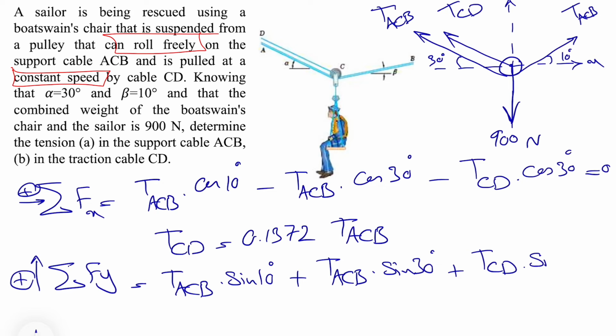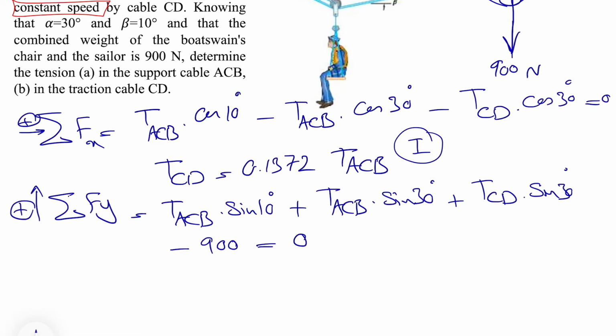This time we'll have sine of 10 degrees. Same thing, we have TACB on the left side, which will be sine of 30 degrees. And we also have TCD sine of 30 degrees. And the last one would be the weight of the sailor, which was 900 Newton.